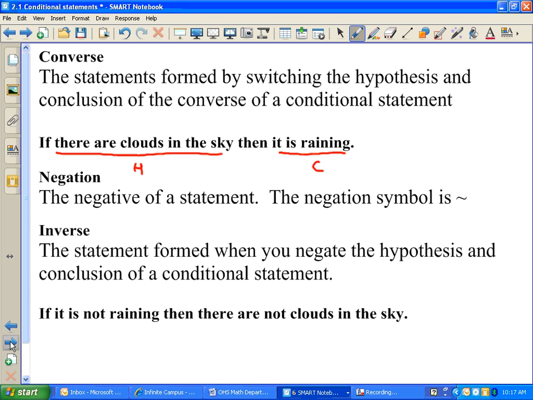Negation means to make the statement false. You take the original statement and you make it false. If the original statement was, if it is raining, then there are clouds in the sky, the negation of that would be, if it is not raining, then there are not clouds in the sky. You don't always have to use the word not, but you have to use the opposite.